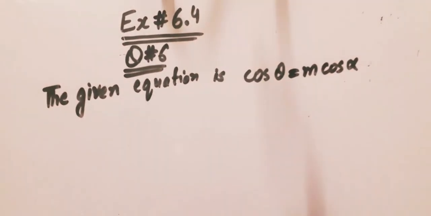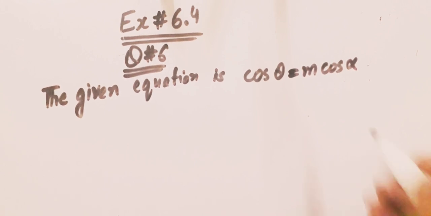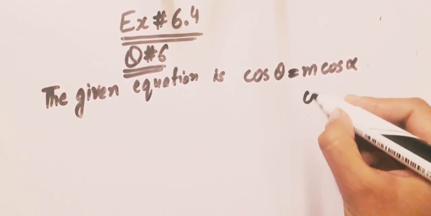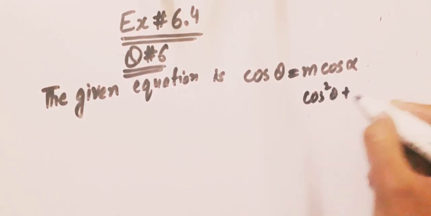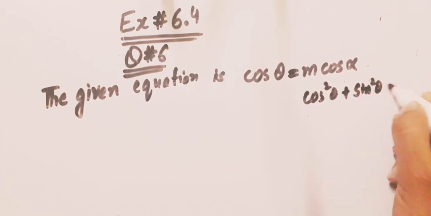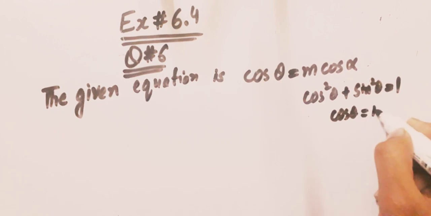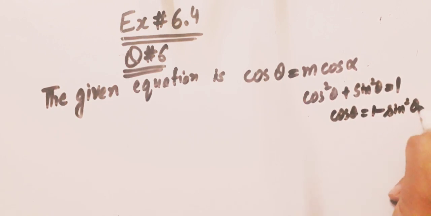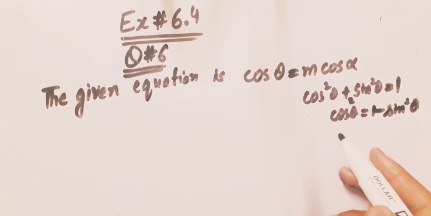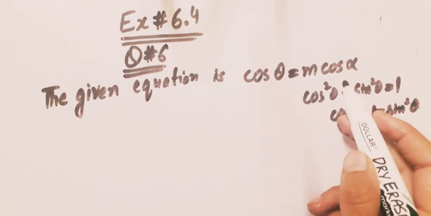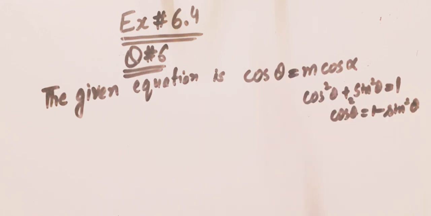So you have to write this equation in terms of sin theta. You will use the identity cos square theta plus sin square theta is equal to 1. So cos theta is equal to square root of 1 minus sin square theta. In the next step, you will substitute this value in this equation to get it in terms of sin theta.